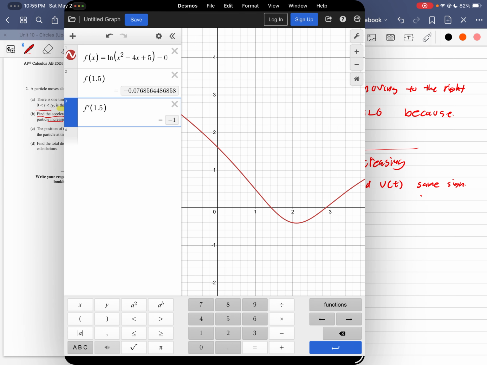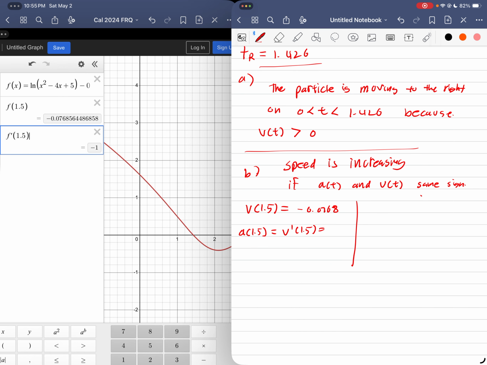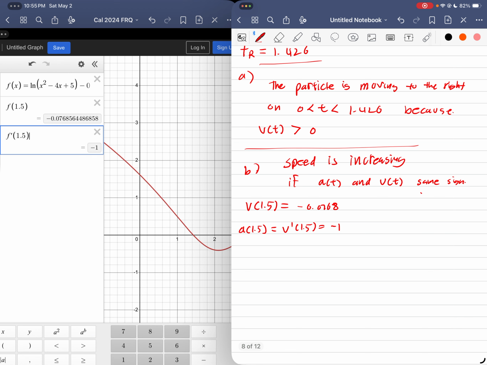Okay, I got -1. So how will you write down the reason? I'll say v of 1.5 and a of 1.5 have the same sign. Therefore, the speed is increasing.